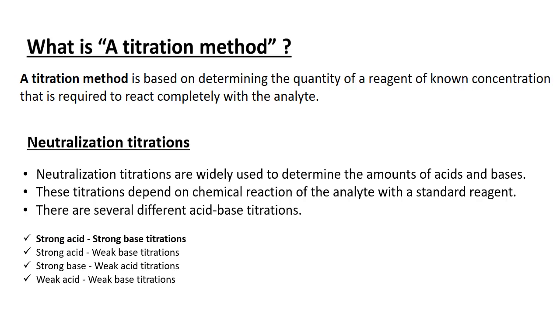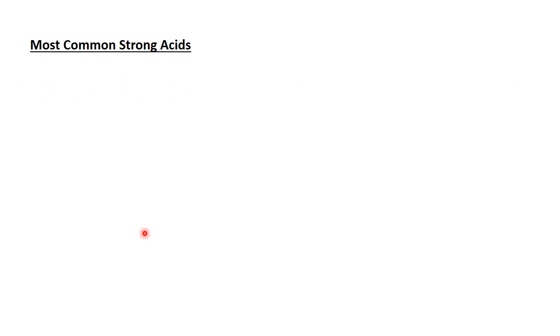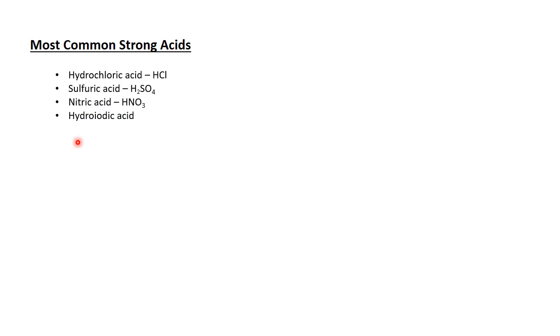So now let's talk about some strong acids and strong bases, because we have to know about them before moving on to the strong acid, strong base titration method. Here are the most common strong acids: hydrochloric acid or HCl, sulfuric acid H2SO4, nitric acid HNO3, and hydroiodic acid.